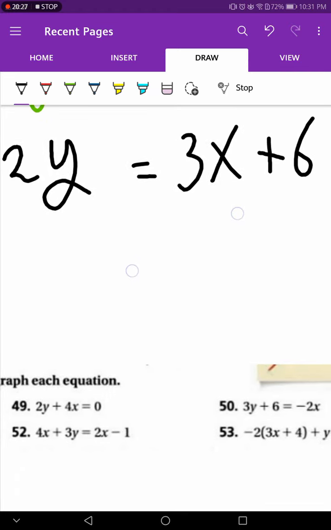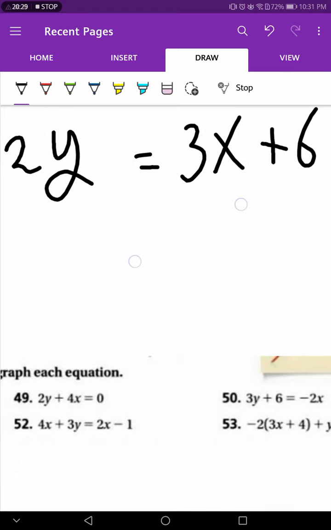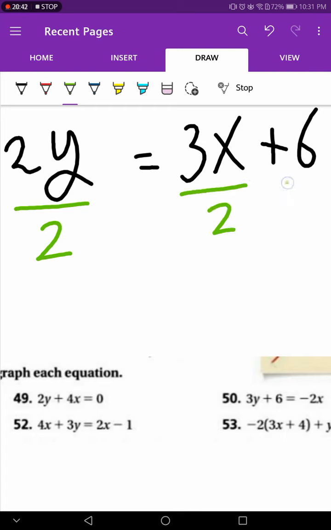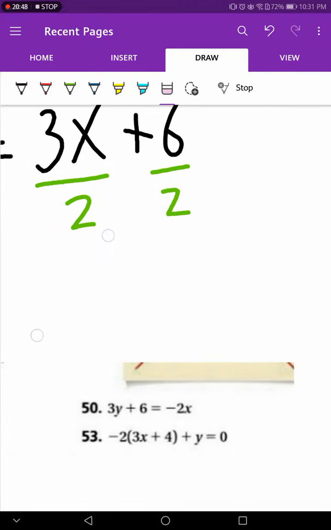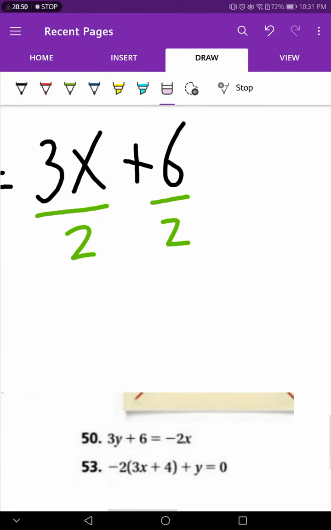The second step, I have to make the y alone and happy, so I divide by 2, and if I divide one term by 2, I have to divide all the terms by 2. Remember that, very important. So the y is alone and happy now, but here it is 3 over 2.